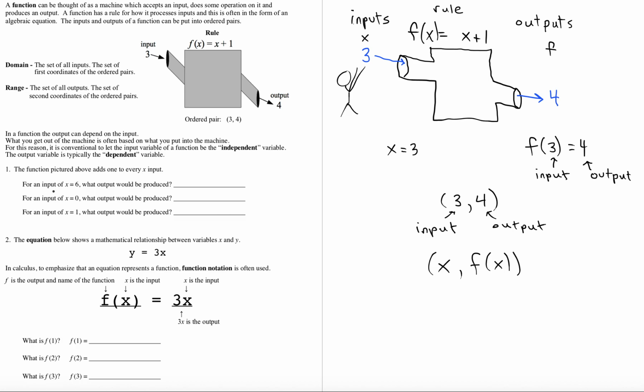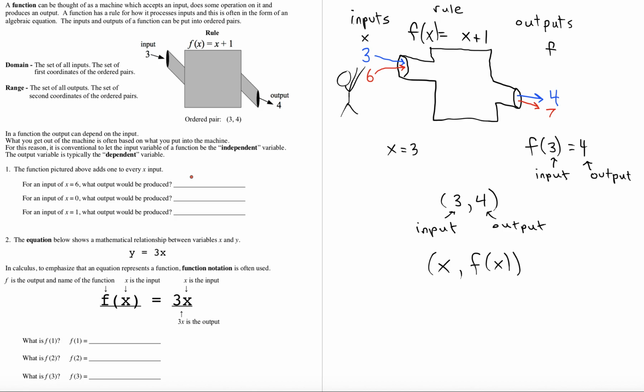So what if we were to throw in a 6 on the left side? Let's try that. If you throw a 6 in, what output do you get? Well, the rule says take the input and add 1. So we would get 7.